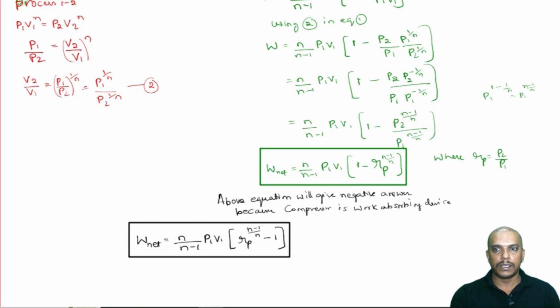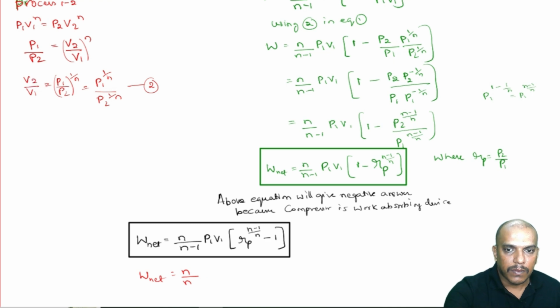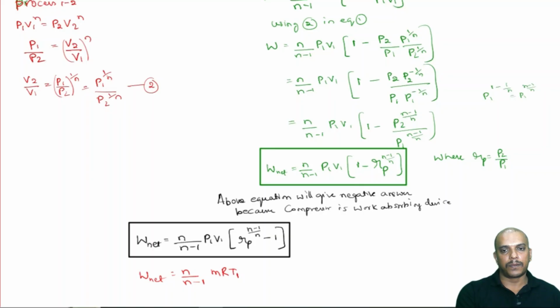So, this can also be written, if you do not know pressure and volume, as n by n minus 1, m R T1, instead of writing it in terms of pressure and volume, PV is equal to mRT I have used, (Rp power n minus 1 by n, minus 1).